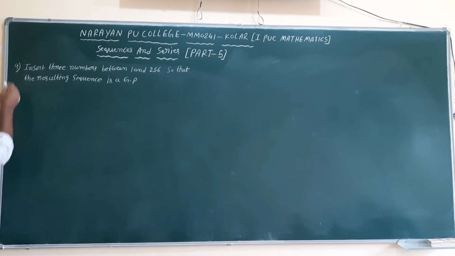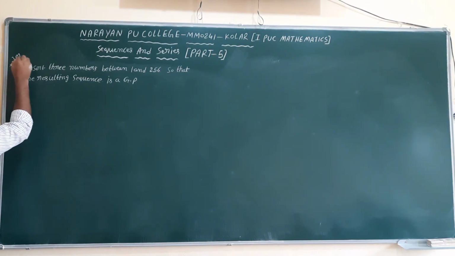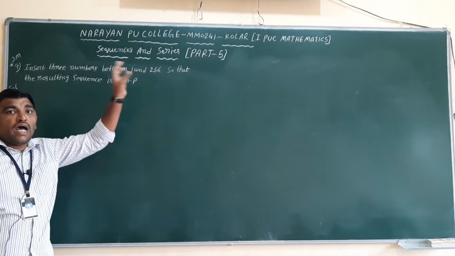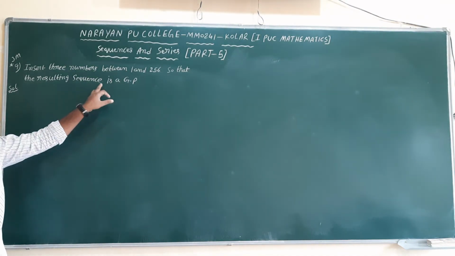It is a very important model for 3 marks, most important for 3 marks. So here they said, while inserting 3 numbers between these 2 numbers, the resulting sequence is also in GP.